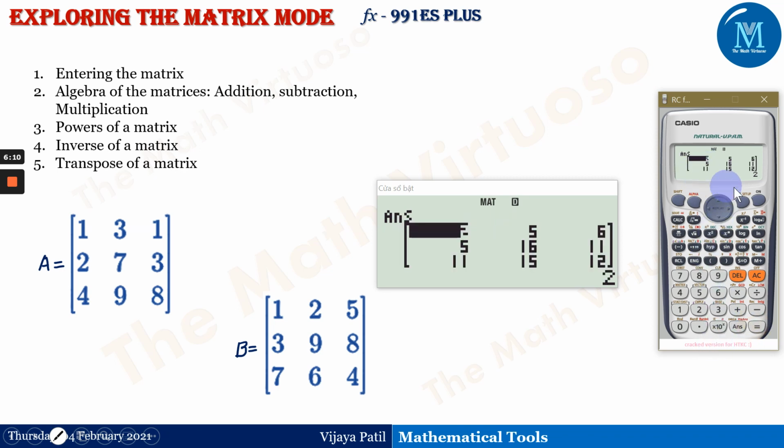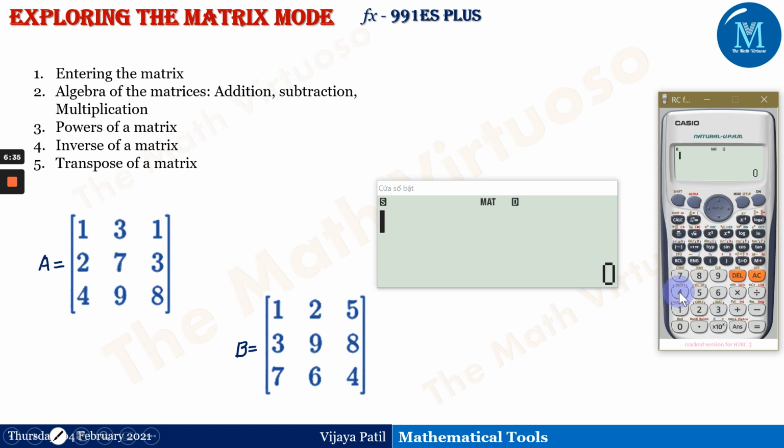Now I have got these elements. If you want to just check the elements, there are 2, 5, 6. Let us see, 1 plus 1, 2, 3 plus 2, 5, 1 plus 5, 6. So this will give you the addition of these two matrices. Now suppose I need a subtraction. What I have to do, let me just repeat it again. I have done the addition.